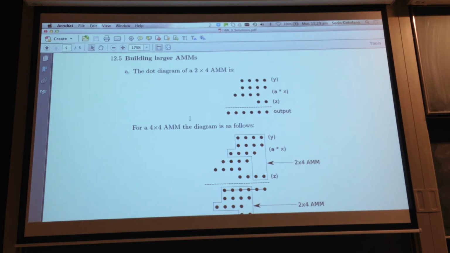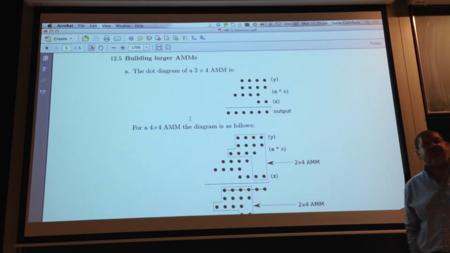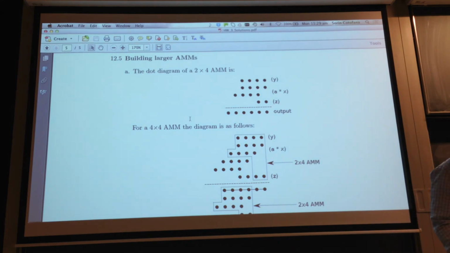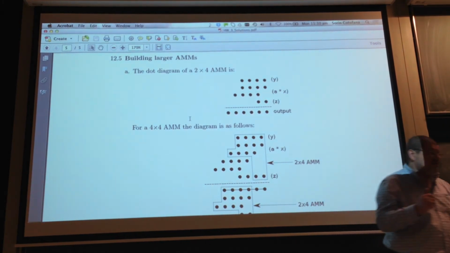Because my basic building block is 2x4, and my target is 4x4, my intuition tells me that 2 of those will be enough. I just have to know how to connect the inputs in a proper way. I can do that by thinking about the equations, or by looking at the diagram of the 2 designs.